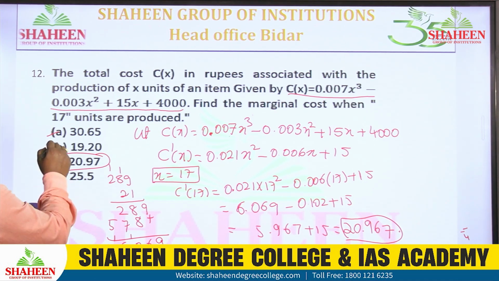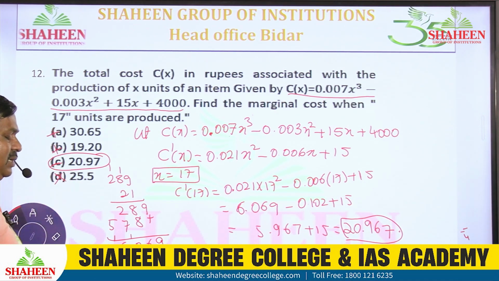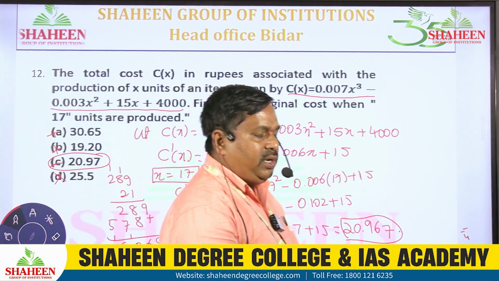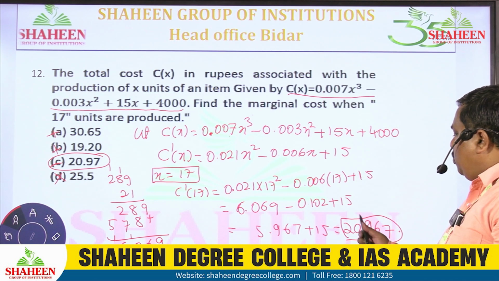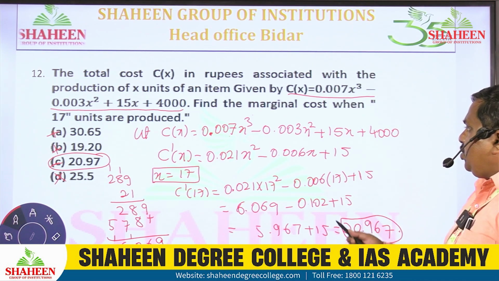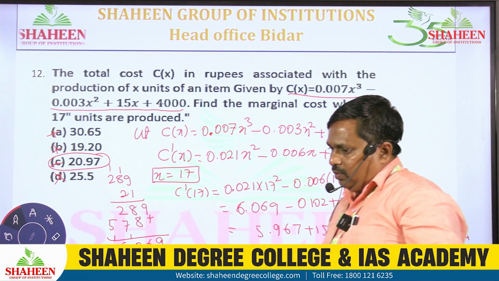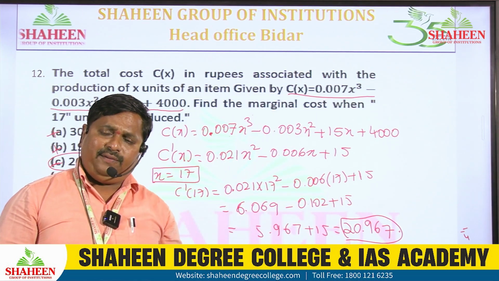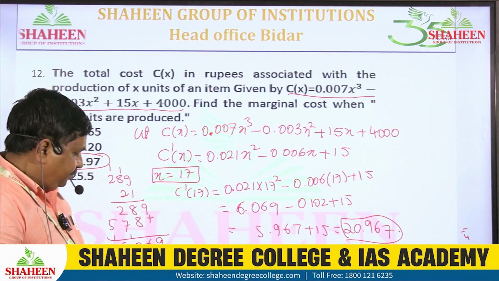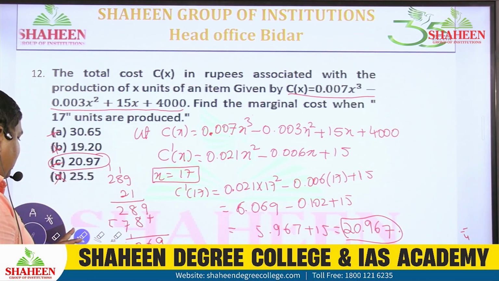So the first, second and fourth options are not possible; only the third option is possible here. In this way we calculate the marginal cost of the given function. Marginal cost is calculated by the derivative of the given cost price. Let us move to the next problem.